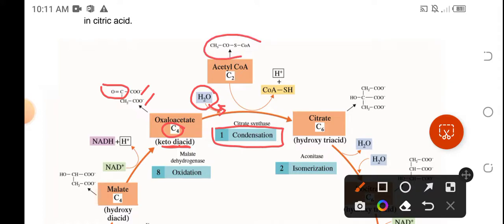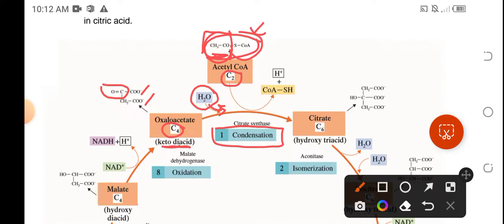Then, the acetyl-CoA, 2 carbon atoms lang ang reactive dito kasi alam natin na napakahaba ng structure ng coenzyme A, but the active portion is just the acetyl group. Let's recall that the acetyl group here came actually from stage 2, which is the acetyl-CoA formation, na na-breakdown from stage 1 kasi mahahaba yung mga carbon atoms ng mga carbohydrates, lipids, and proteins.